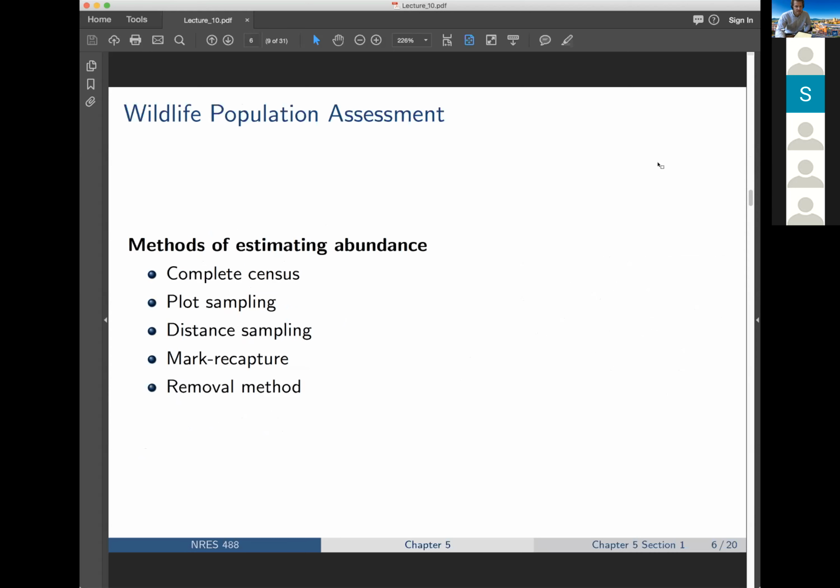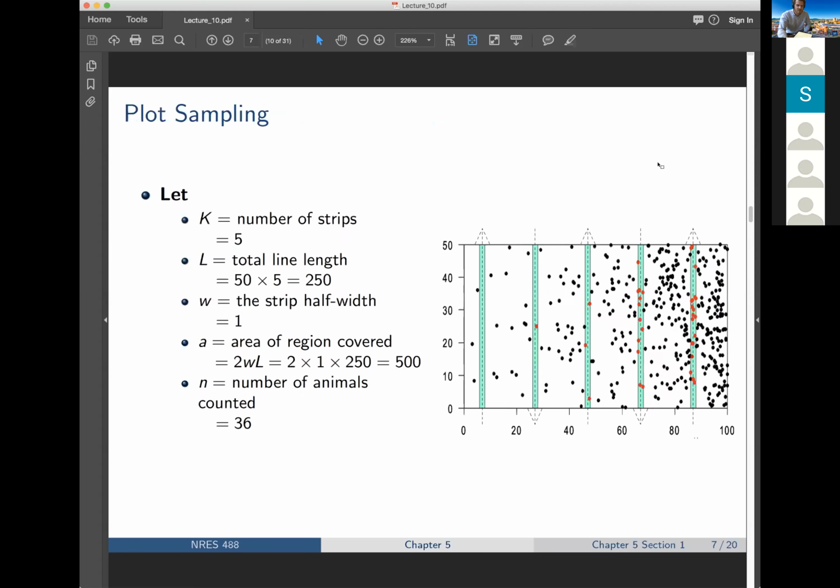The next thing is plot sampling. So I introduced census. We won't talk about it the rest of the course. What we're going to do the rest of talking about estimating abundance are the other methods. So plot sampling. Plot sampling assumes that we can see every animal within our plots.